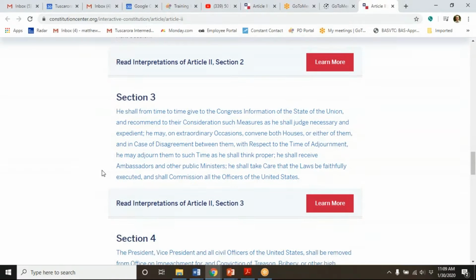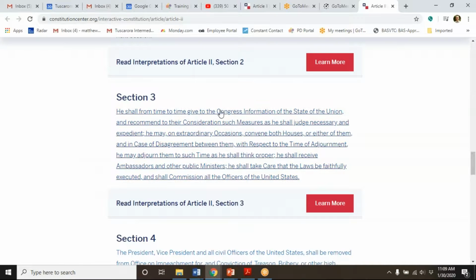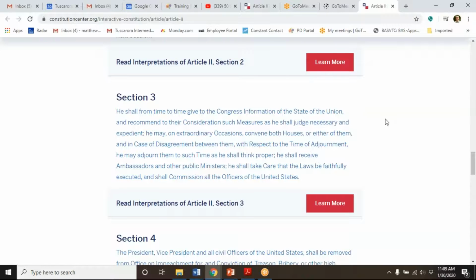Section 3: he shall from time to time give to the Congress information of the State of the Union, from which we get the State of the Union address, which President Trump is going to deliver in a week or two, early February. I forget the date exactly. That comes from the Constitution. The design there is that the president reports back on the state of things, how things are in the country.